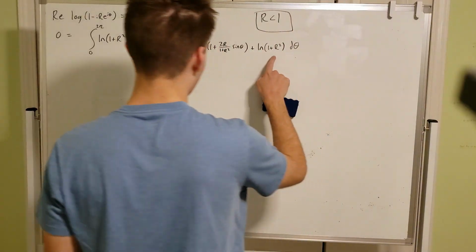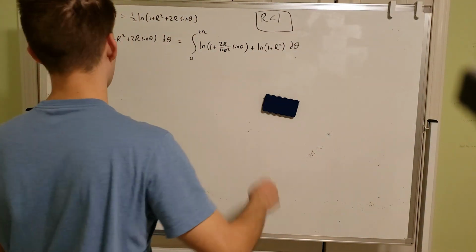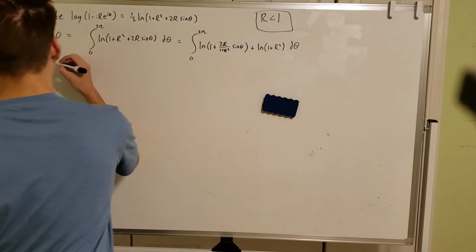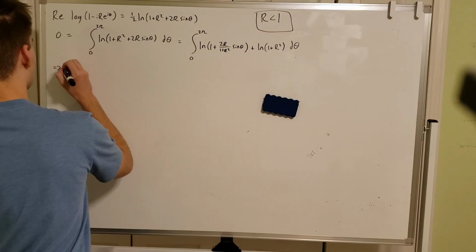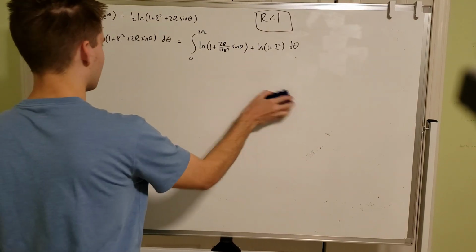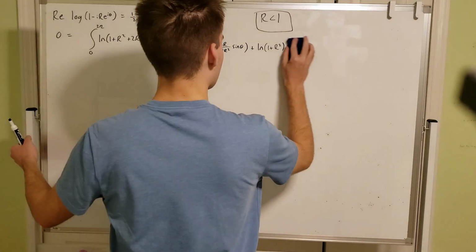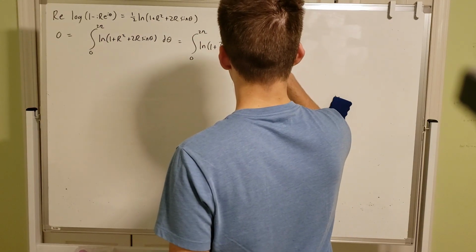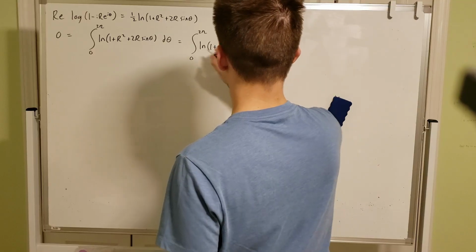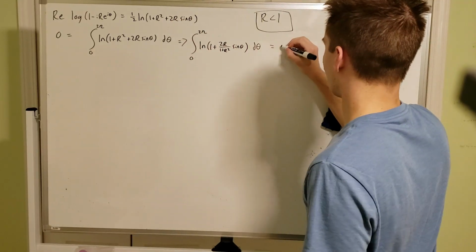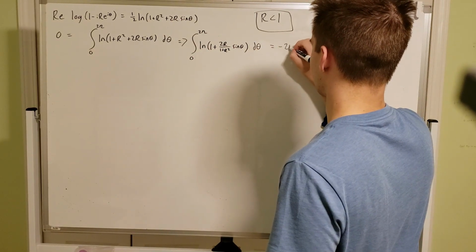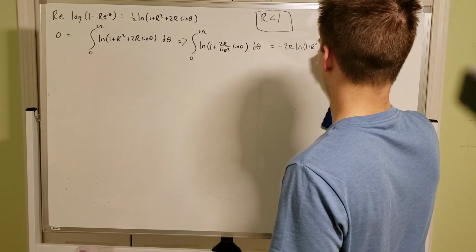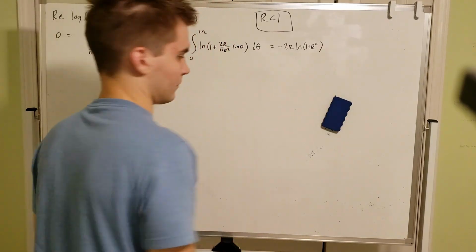This is independent of theta, so we know what that evaluates to, and we can move it over to the other side because it all equals 0. So it's just going to be minus 2 pi ln(1 plus r squared). Okay, it looks a little bit better.